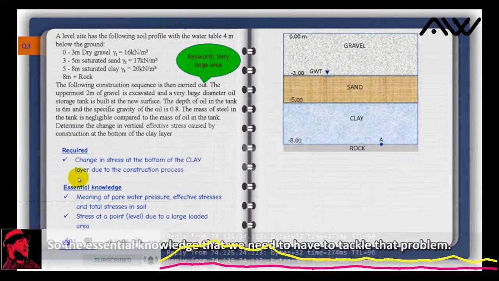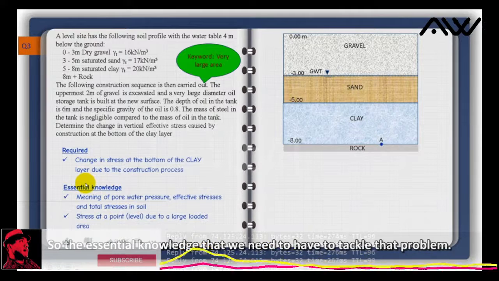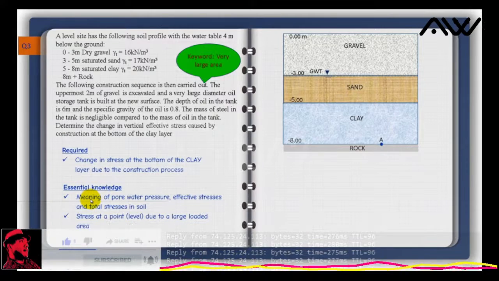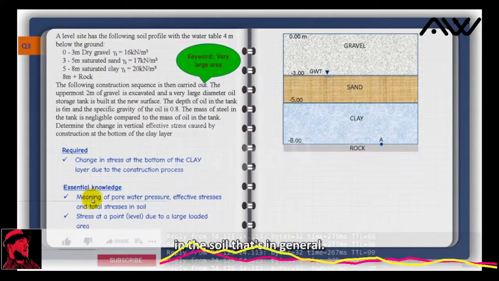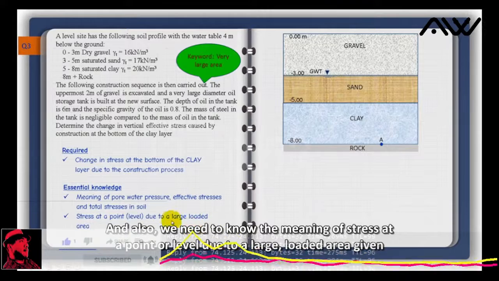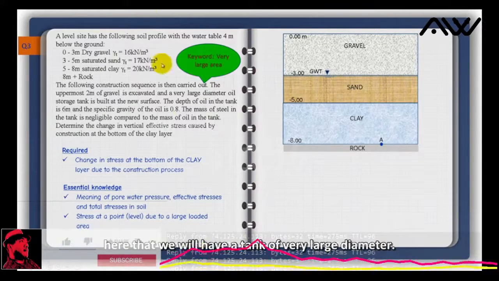The essential knowledge that we need to tackle that problem: first, we need to understand again the meaning of pore water pressure, effective stress, and total stress in the soil. That's in general. And also we need to know the meaning of stress at a point or level due to a large loaded area, given here that we will have a tank of very large diameter.